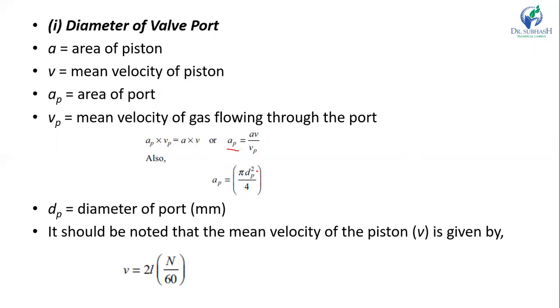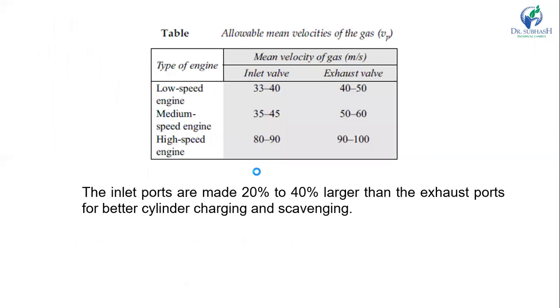V should be the mean velocity of the piston, which is given by the equation V is equal to 2L into N by 60, where V is the mean velocity of piston in meter per second, L is the length of stroke in meter, and N is the engine speed in revolution per minute.